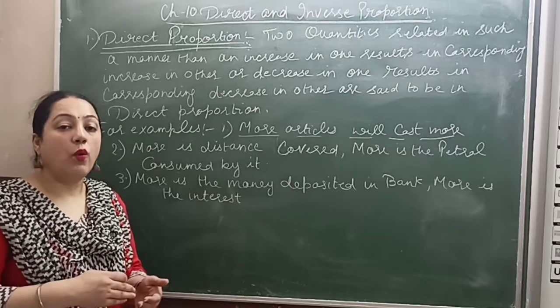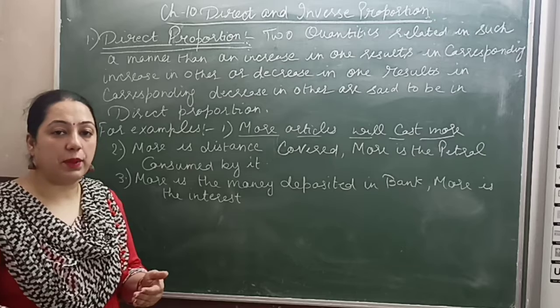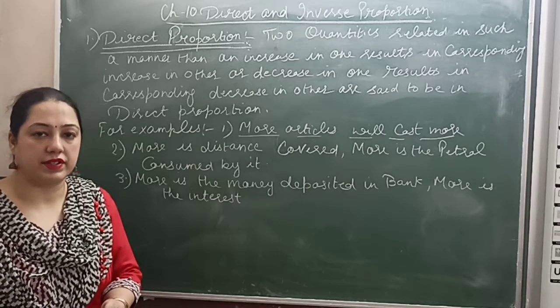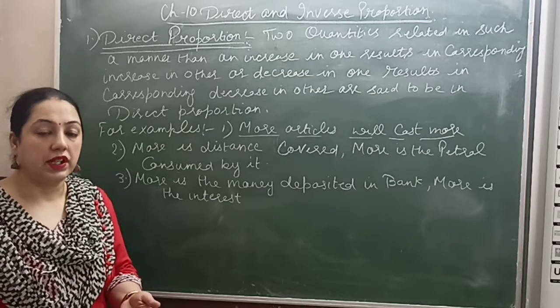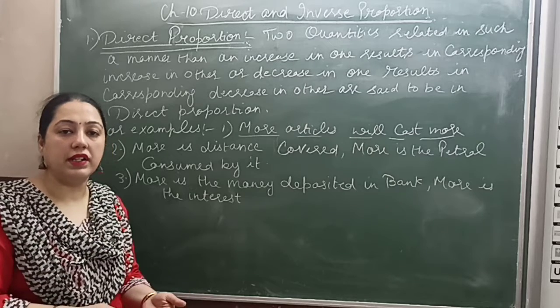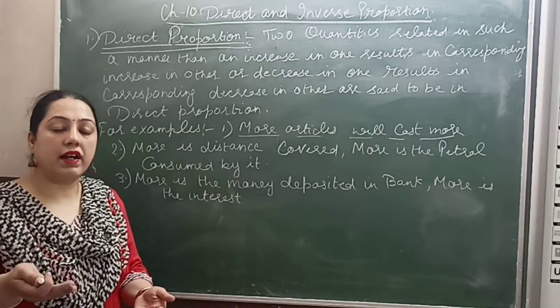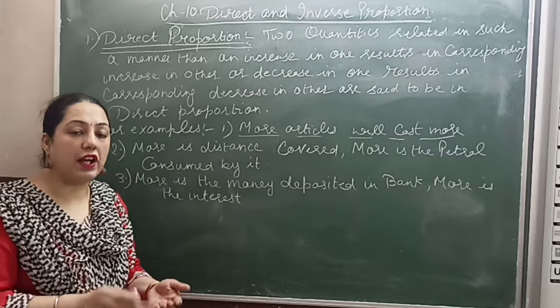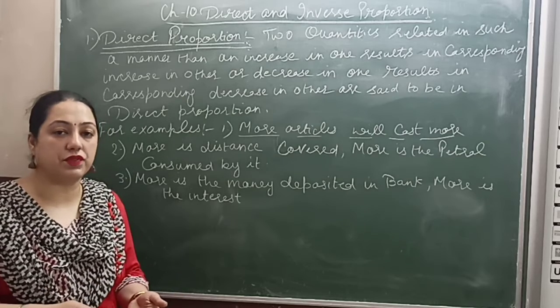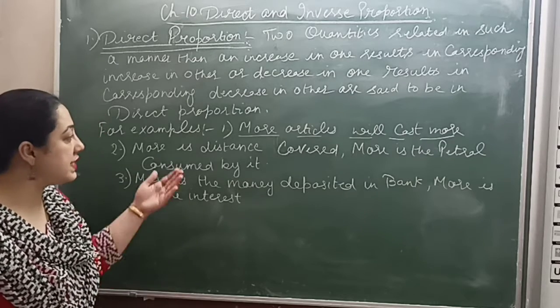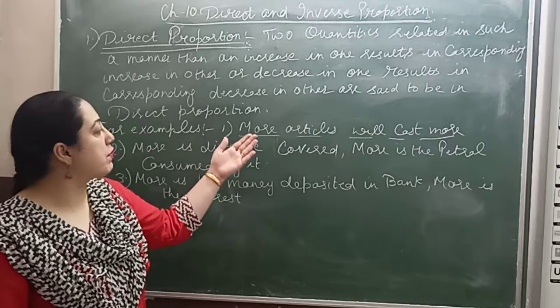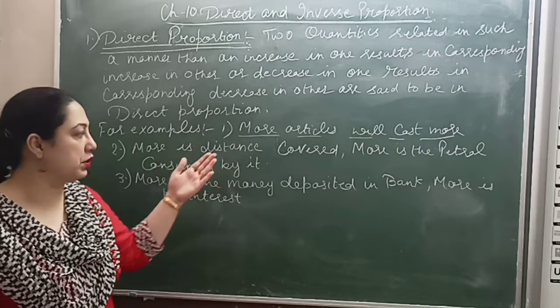It means whenever you increase the quantity of pens, its cost also increases. This is direct proportion. If you decrease the quantity of pens, that is, rather than 10 pens you want to buy 5 pens only, then its cost is 50. So these types of variations are direct proportion.